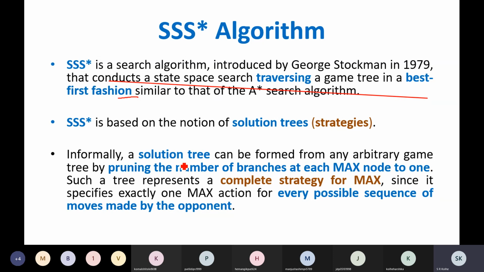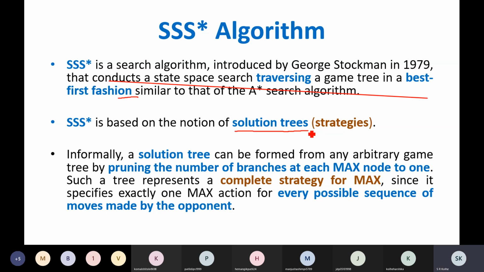The basic notion on which this SSS star is based is solution trees or strategies. What this algorithm does is start with a set of strategies, then focus on the better strategies, and at the end the algorithm will converge to the best strategy.